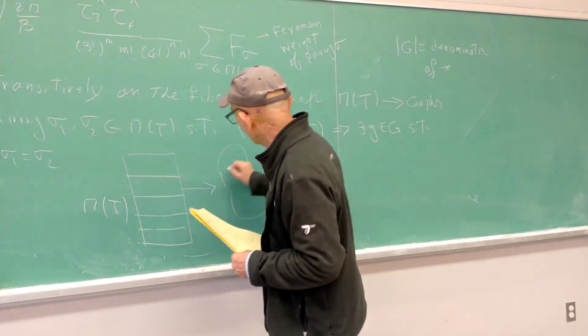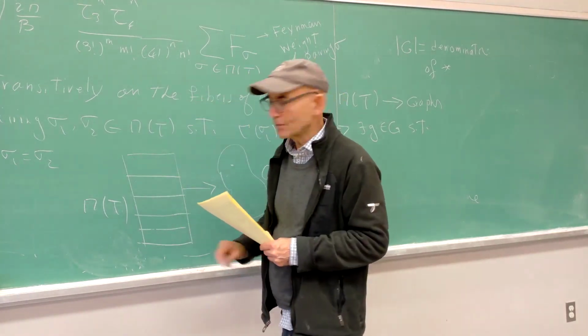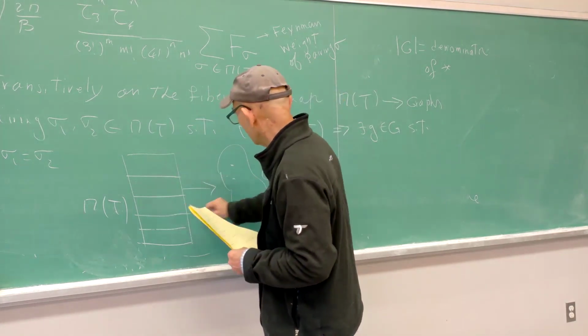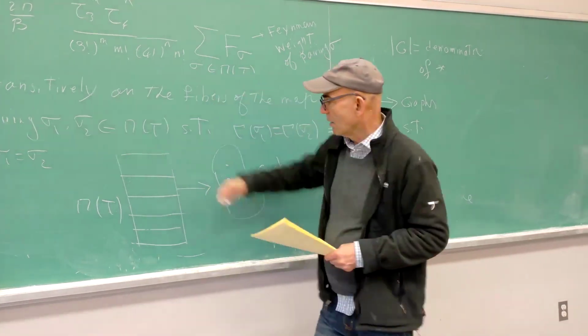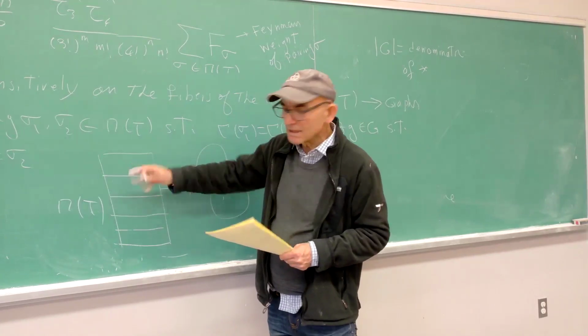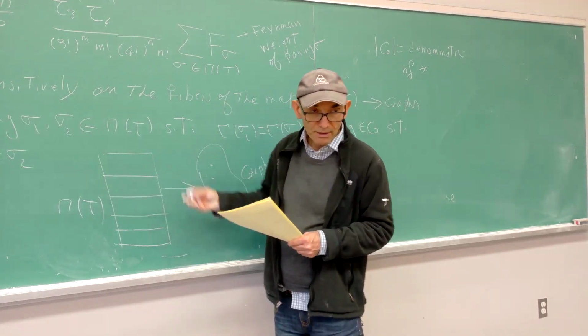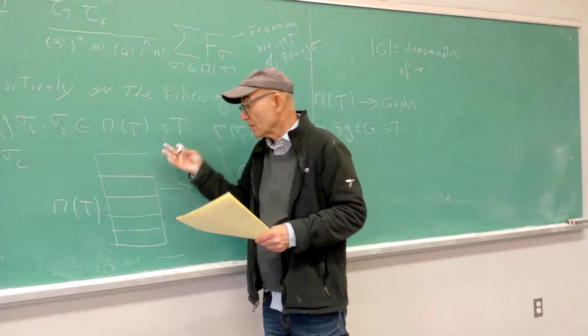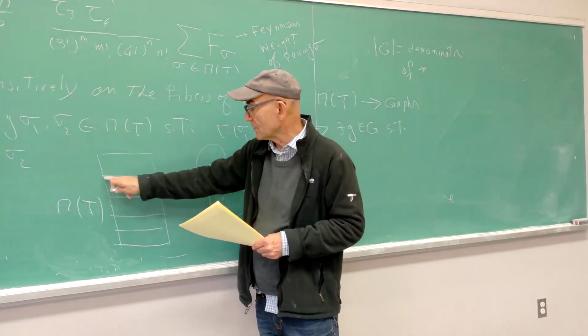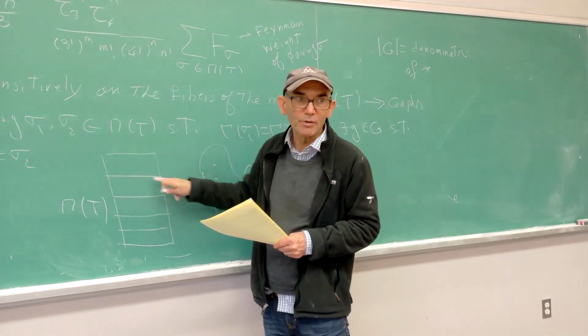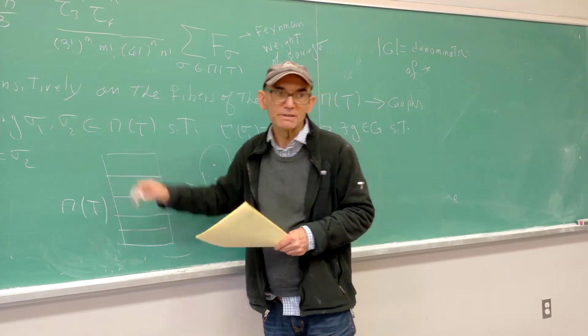Each fiber corresponds to a certain graph here. This fiber corresponds to another graph, this one. Now, this G acts on this pi of T, but the claim is that it's not transitive overall, but it's transitive if you restrict it to a fiber. Since fiber to fiber is transitive.